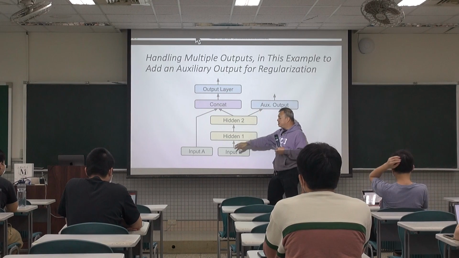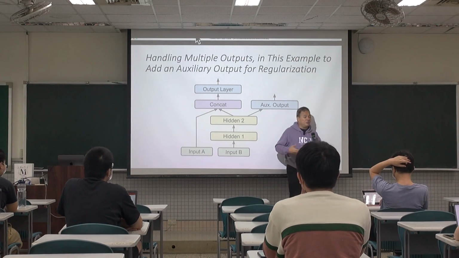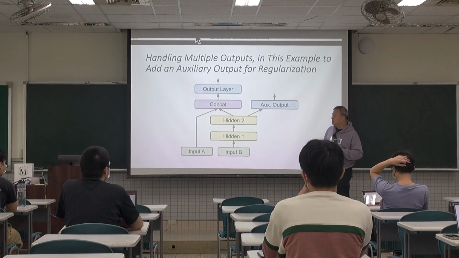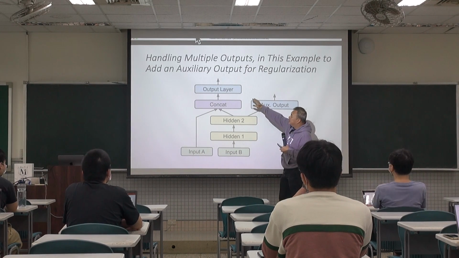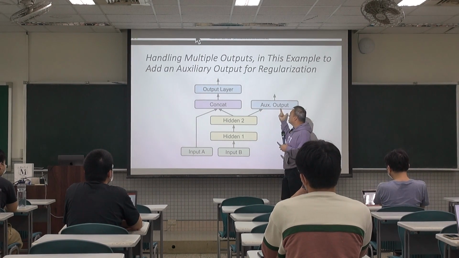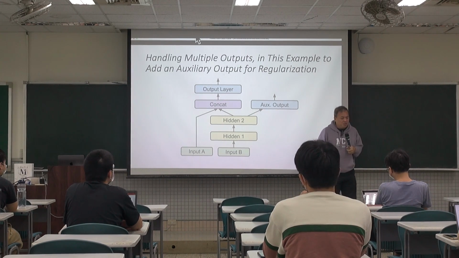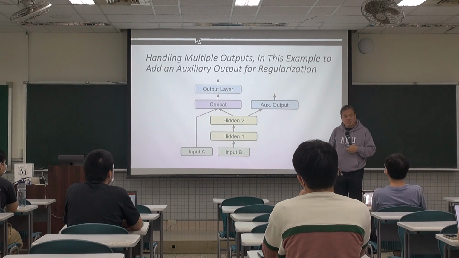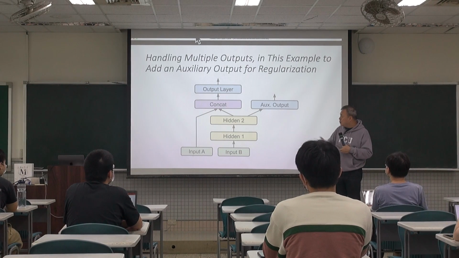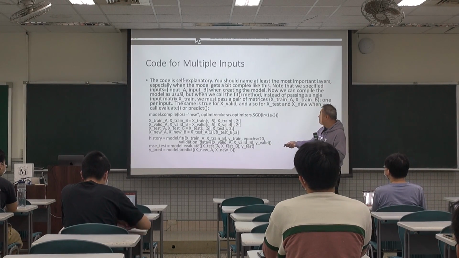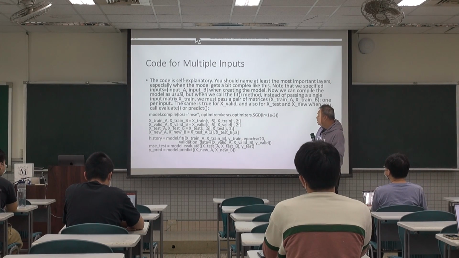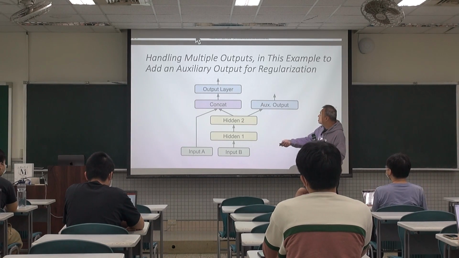The reason for two inputs, I already mentioned previously. But for these two outputs, as I said, this one is the auxiliary output, which can be used for regularization purposes. So what do we do? That's for input.